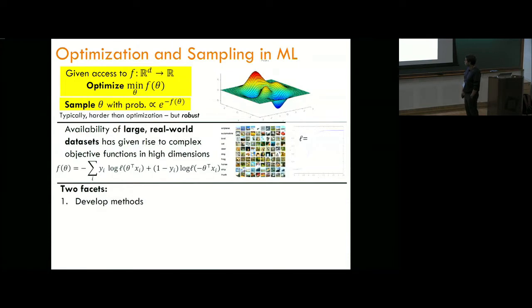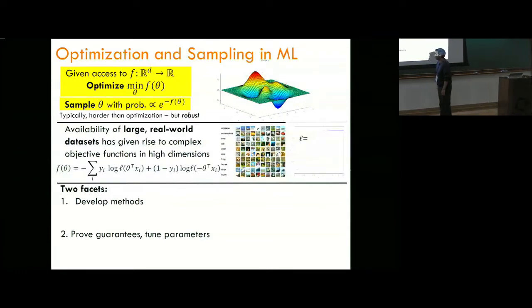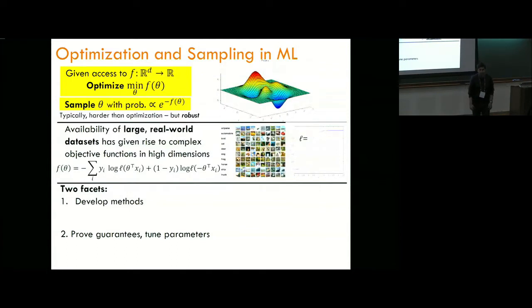The task of either optimizing or sampling consists of two facets. One is to develop methods which will give you something here. And the other, sometimes harder and sometimes really hard and maybe not possible, is to give some kind of guarantees. You can give a method, but you may not be able to say when it works, under what conditions on these data vectors, x_i, the method works.